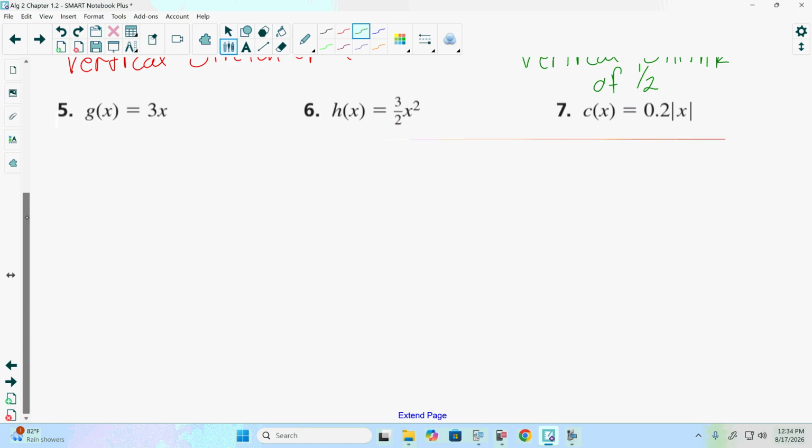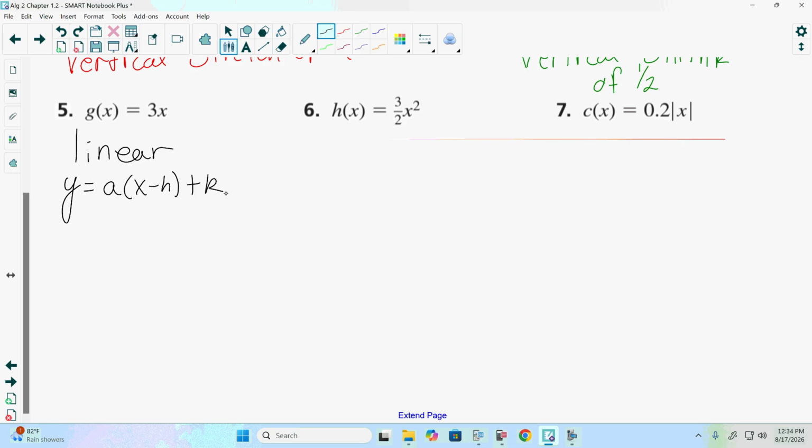Let's look at number 5. g of x equals 3x. What is the parent? Linear. What would our transformation be? Transformation is all of this here.